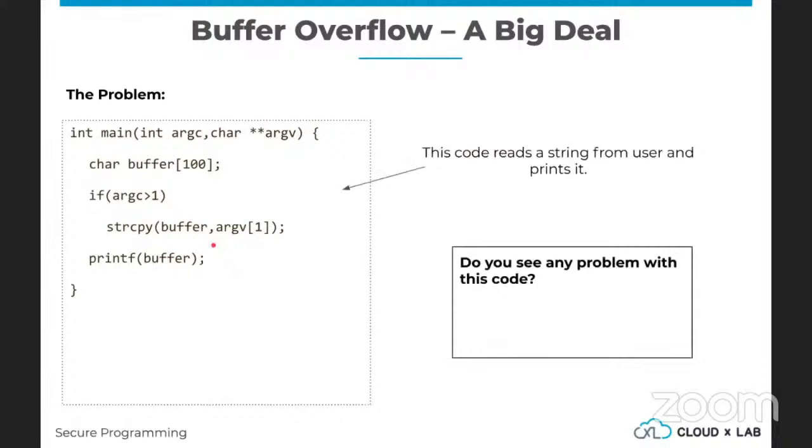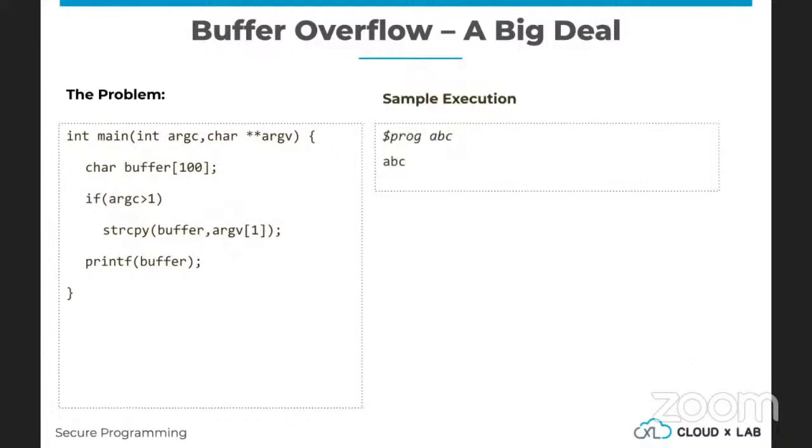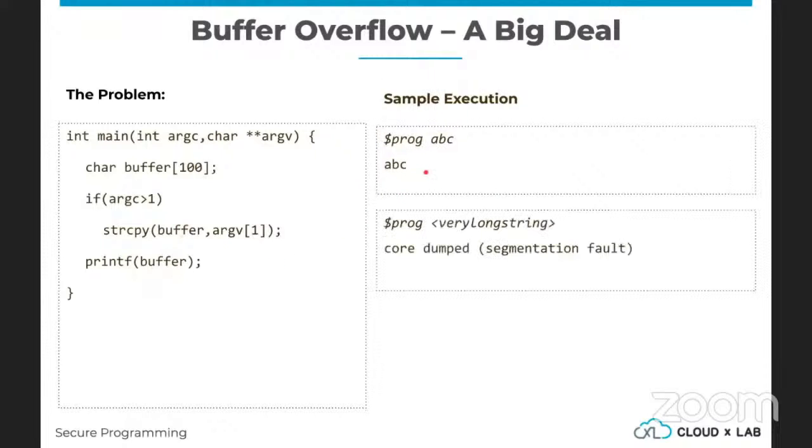All right, let me walk you through this. If you run this program with an argument ABC, it will happily print ABC. Why? Because ABC is the first argument being copied to the buffer and then printed, right? You're okay with this execution. If you give this program a very long string, it will give a core dump.